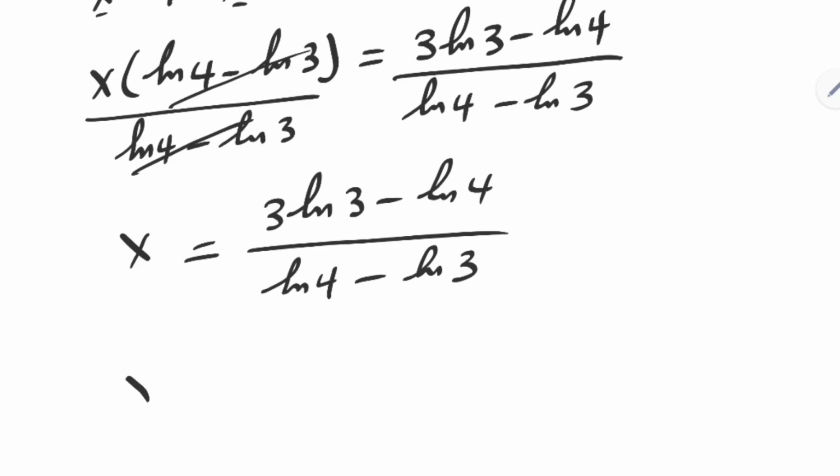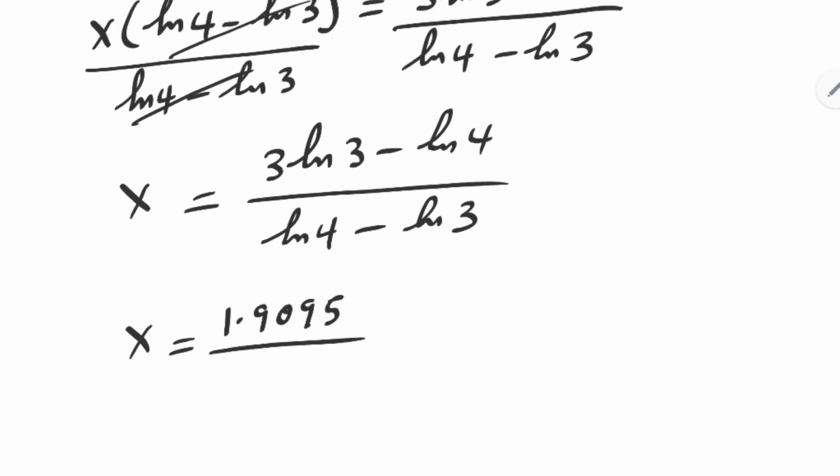Then if you press your calculator, 3 ln of 3 minus ln of 4, that will be 1.9095. Then over ln of 4 minus ln of 3, that is 0.2877.